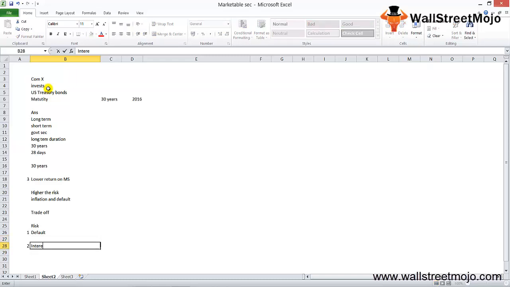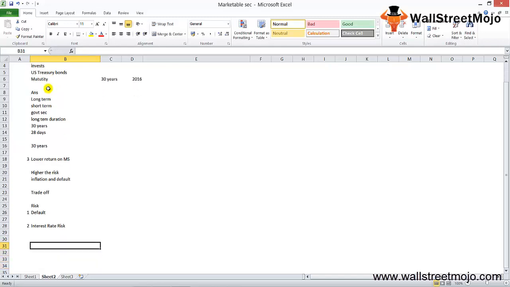The second is the interest rate risk. Right. So interest rate risk is the risk associated with the fixed return instruments like bonds and debentures, whose value decreases on account of a rise in the interest rate. Third is the inflation risk.